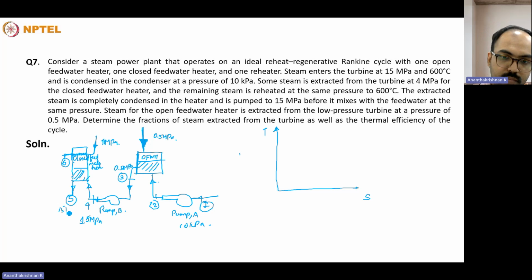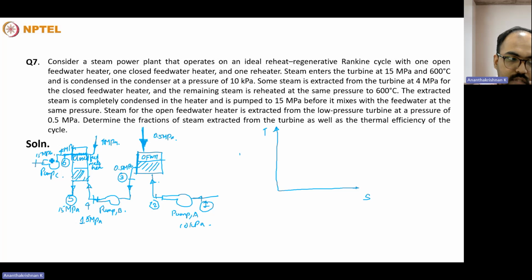So this will be at 15 megapascal straight away, and this will be at 4 megapascal, but that needs to be pressurized. This liquid will be condensing and it will become saturated liquid, and that needs to be pressurized. So this goes inside a pump C, and it will be pressurized to the same pressure, 15 megapascal.